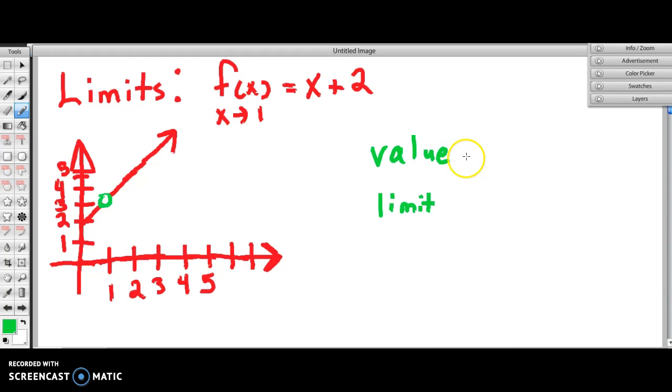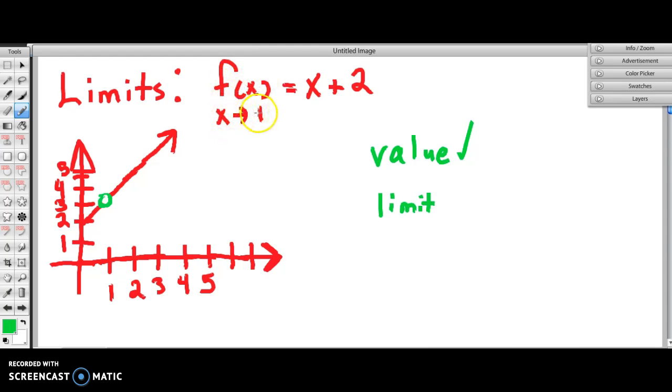Now, when we're talking about calculus, we're studying different types of functions as they behave around different points, and that is called a limit. It describes how a function behaves near a point instead of at a point, which would be the value.